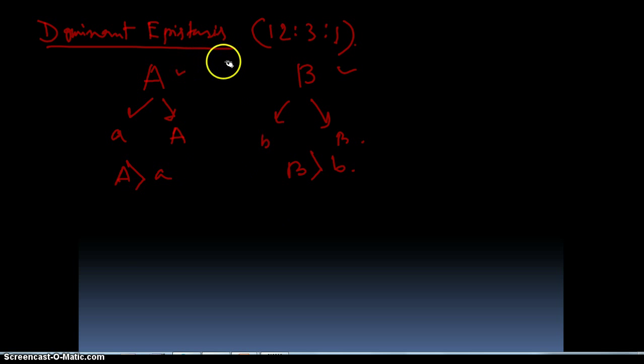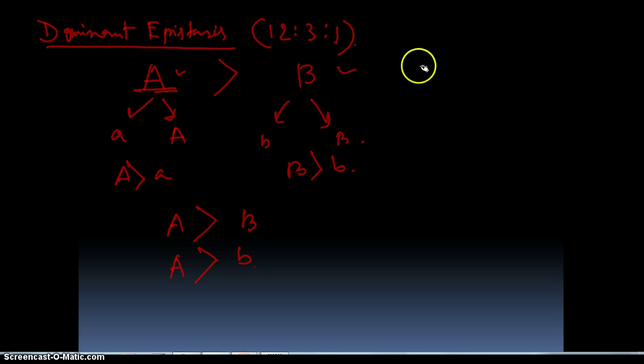And suppose here A is acting as a dominant gene over B, so in that case capital A is dominant over capital B, and capital A is also dominant over small b. Here come two terms that we would like to discuss.